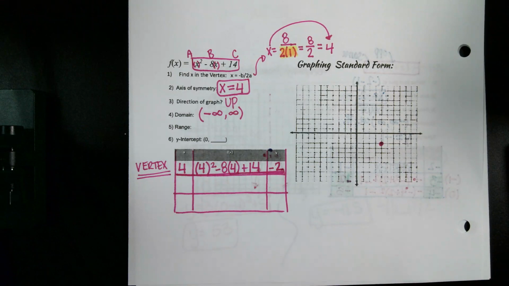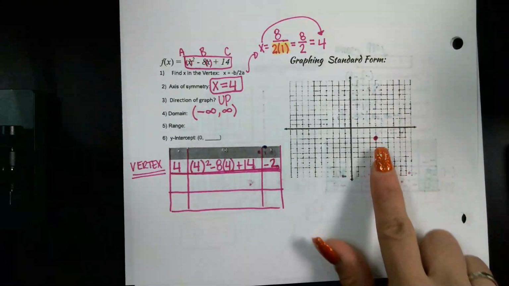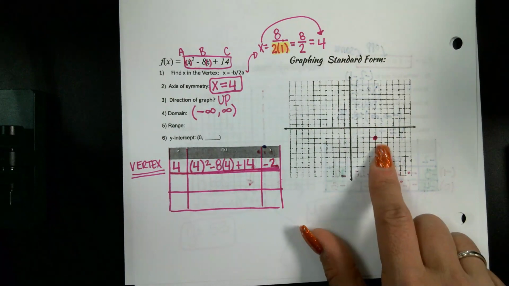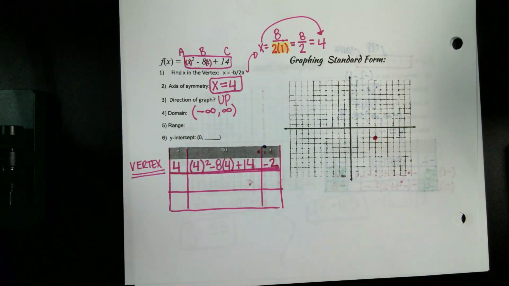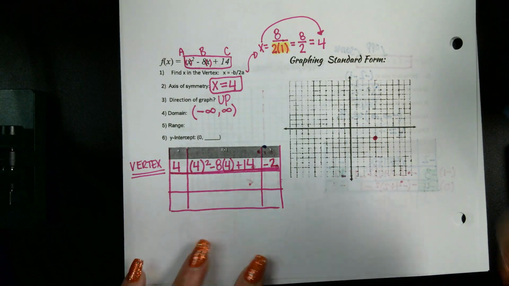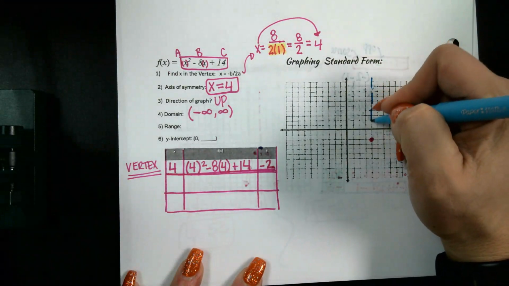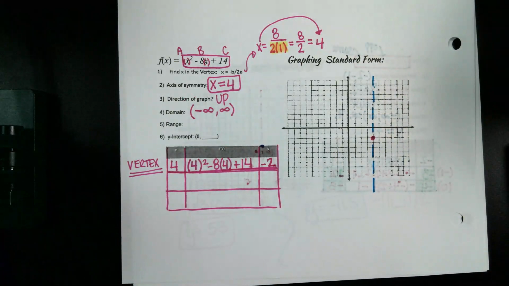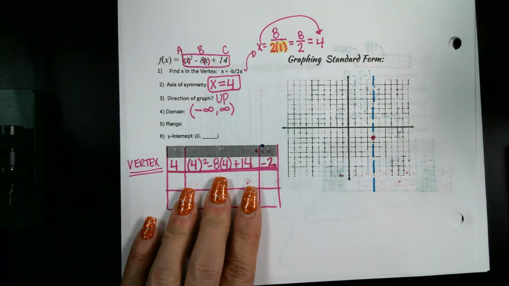Okay. Well, then I plotted it over here. So there I went right 4 down 2. And then I'm going to draw in my axis of symmetry like we typically do, that dashed line. I'll finish the chart in a minute.